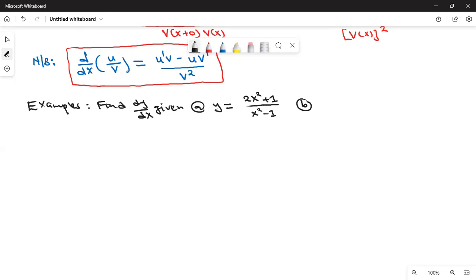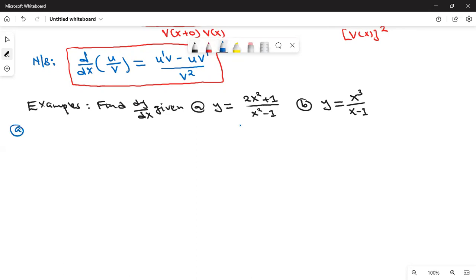In part B, you are given y is equal to x cubed over x minus 1. So just 2 examples are enough to explain the concept. Let's see how to solve the 2 questions.